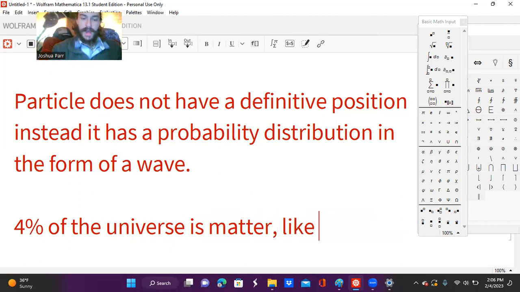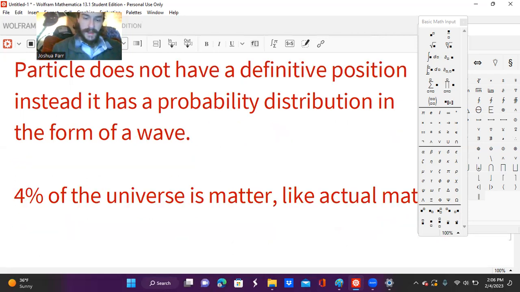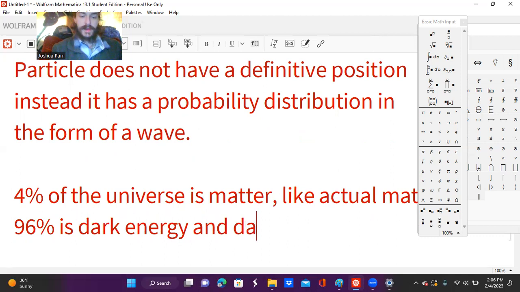Actual fermions and things that interact with photons that you see on a daily basis, stars and planets and the things that make up us, is only 4% of the universe. The other 96% is dark energy and dark matter.